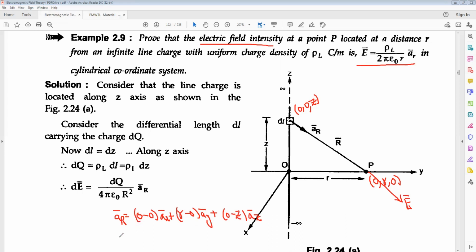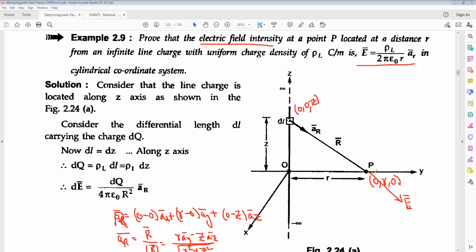So in the denominator, this is only the r bar, my friends. Ar bar is equal to r bar by the magnitude of r bar, which is ax bar is 0 and r into ay bar minus z into az bar, by under root of r square plus z square. Got it?